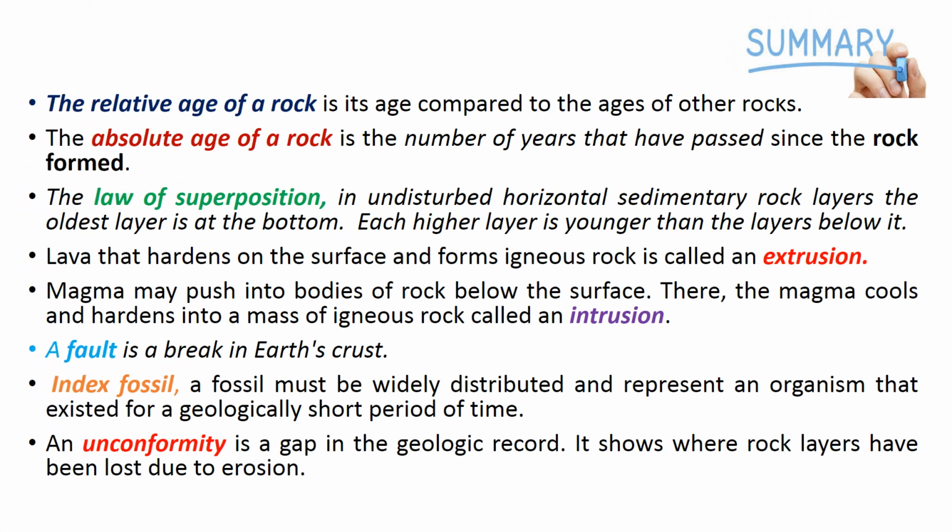We discussed many things in this lesson. This is the time to sum up our lesson. What is the relative age of a rock? The relative age of a rock is its age compared to the ages of other rocks.